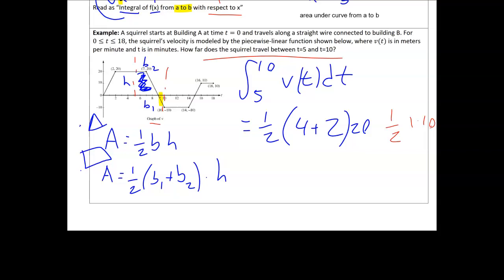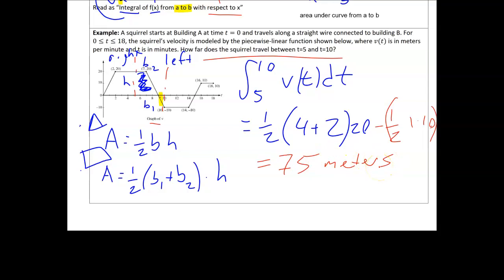We know from our previous work that my squirrel is moving right when velocity is positive, and left when velocity is negative. So that's going to change my distance traveled. So my triangle area is going to be negative, right? So we're going to subtract that from the area of the trapezoid, which is positive. So my result here is 75 meters.